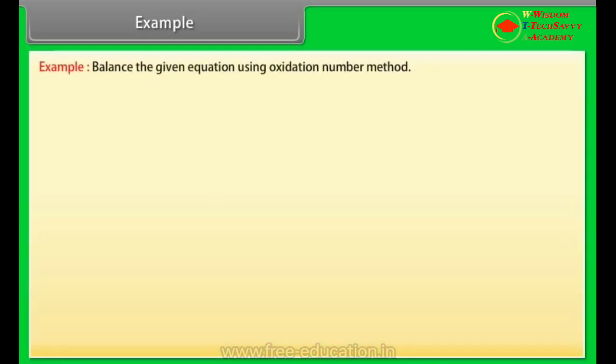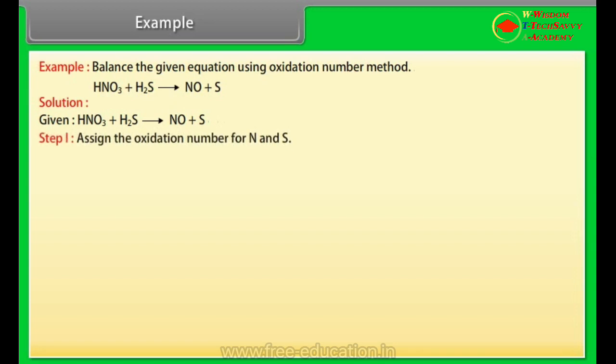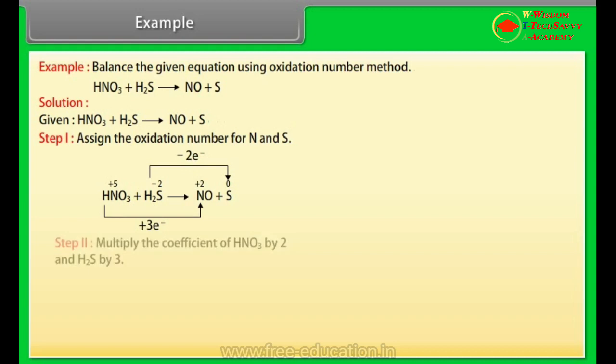Example. Let us take an example of balancing the equations. Balance the given equation using oxidation number method. Let's see the solution. Here, the given equation is HNO3 plus H2S gives rise to NO plus S. Step 1. Firstly, we assign the oxidation number for N and S. Step 2.